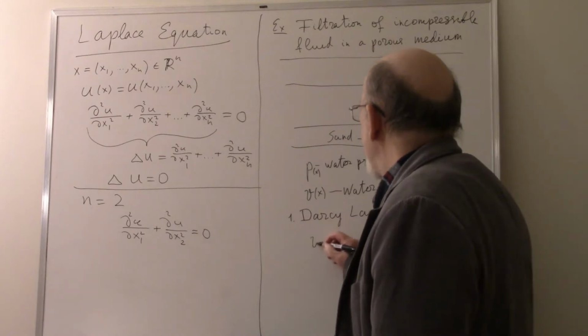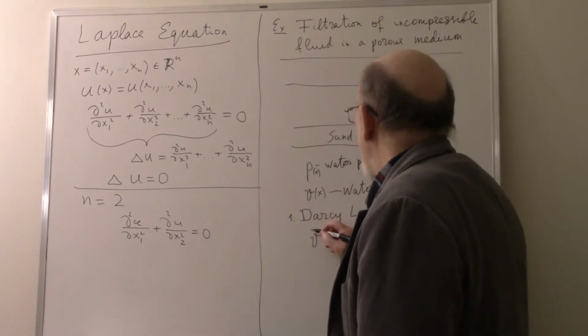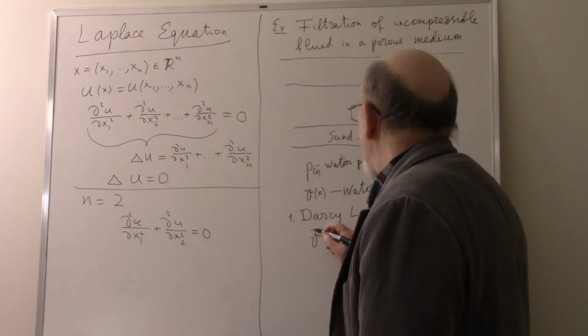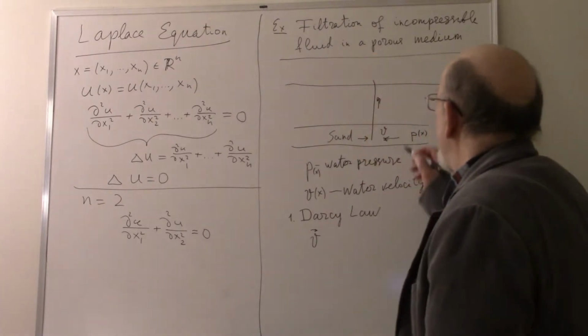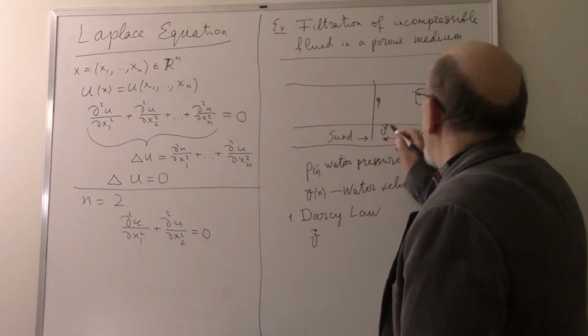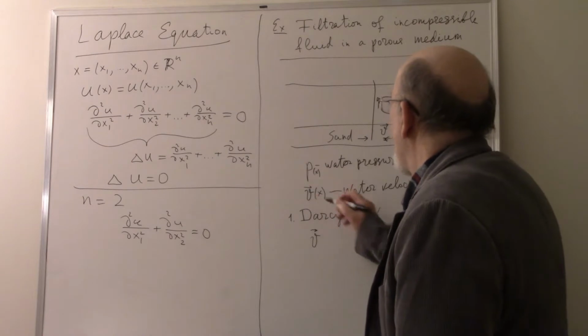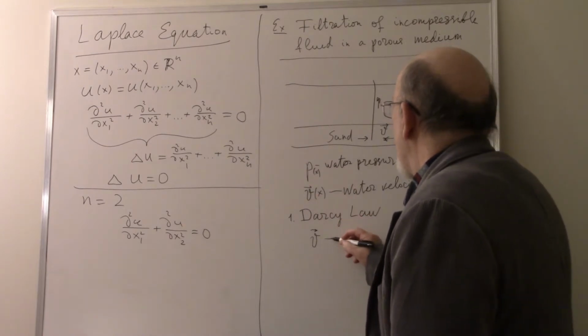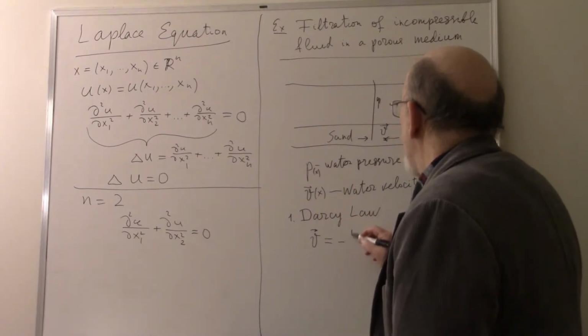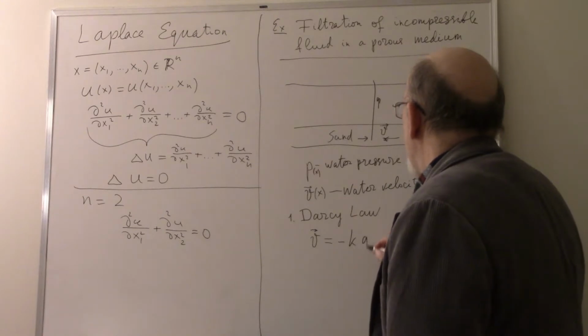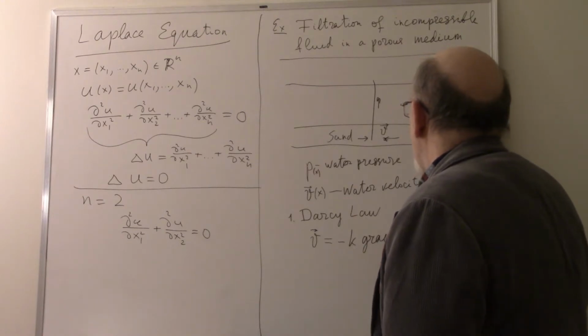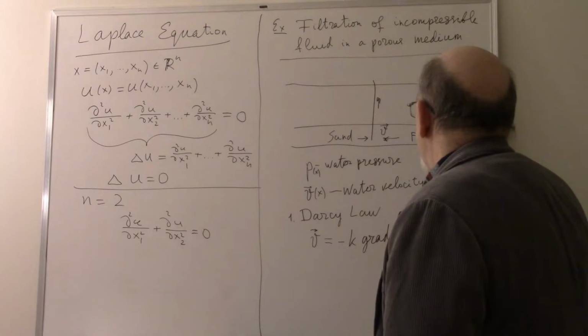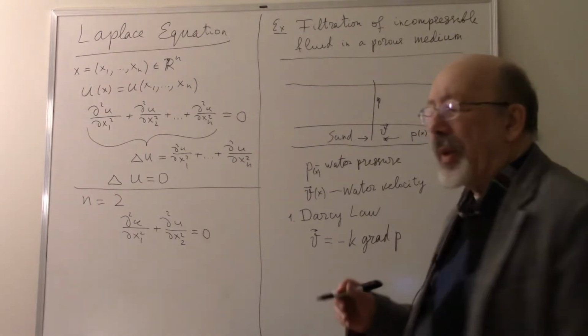So v, let me put this arrow to show that v is a vector, v equals minus k gradient of p.